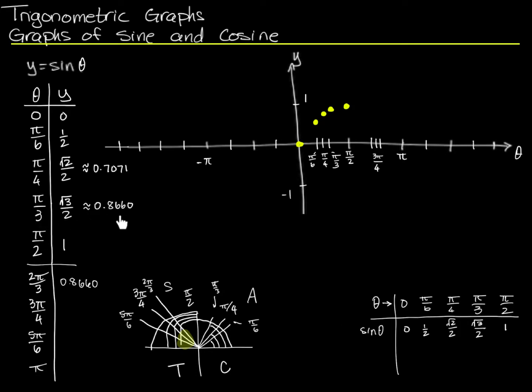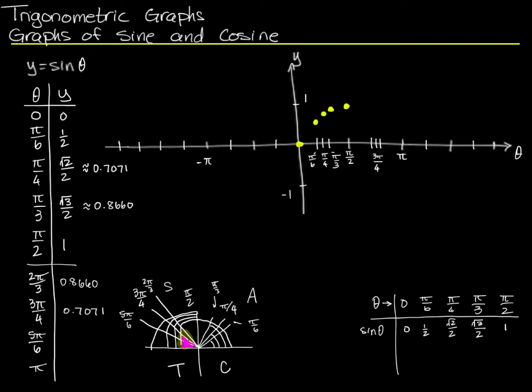For 3 pi over 4, well, that's a multiple of pi over 4, right? My reference angle here, maybe I'll do it in a different color of pen. This angle right here is pi over 4. The reference angle is pi over 4. And we know that the sine of pi over 4 is about 0.7071. And again, we don't really need all of that because we're just approximating those values on a graph. I don't even have any vertical tick marks, so I'm really eyeballing it.